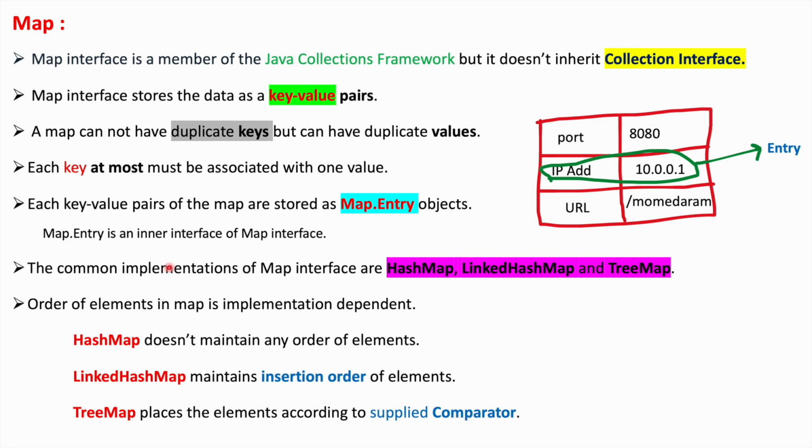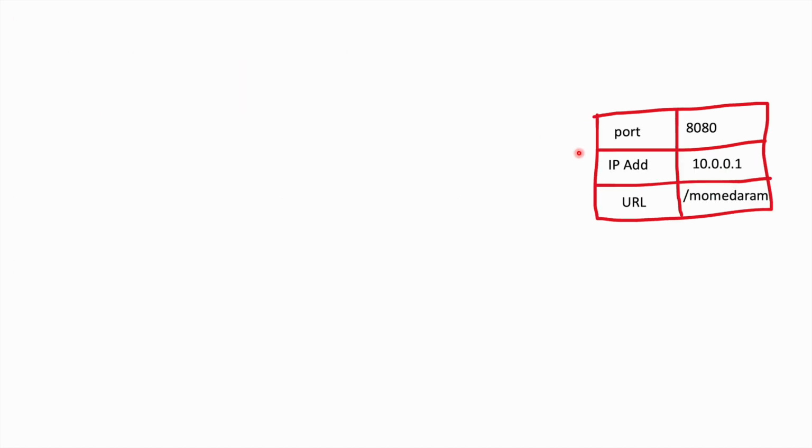These are all the main properties of the Map interface. If you want to store data as key value pairs and work with map objects, how can we work with them? By using map methods.